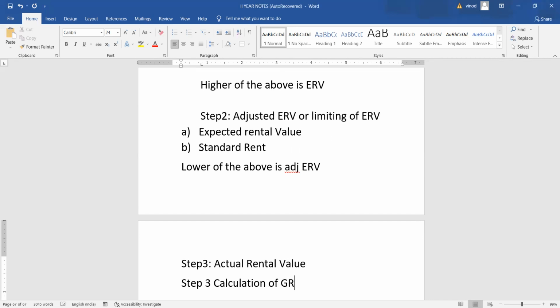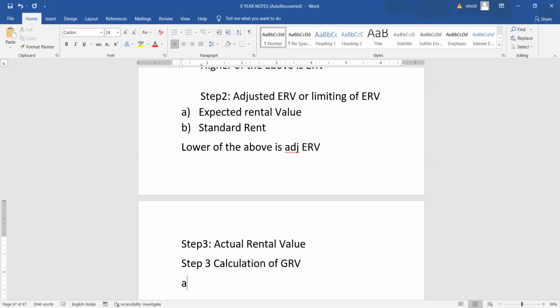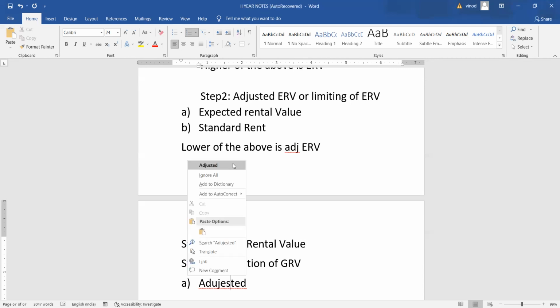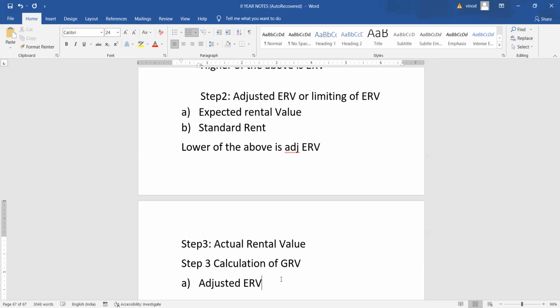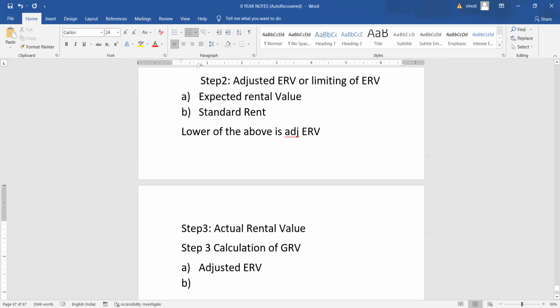Adjusted ERV, which we calculated in the previous step, and actual rental value.